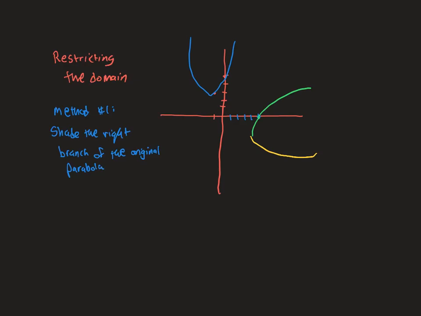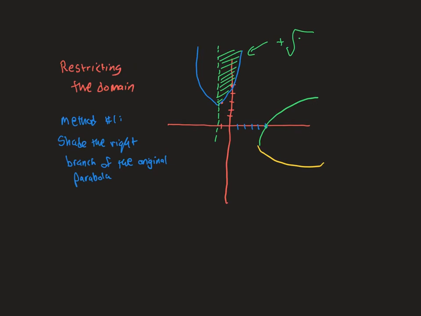Okay, and when I say right branch, I mean this. So obviously this is my axis of symmetry. So everything here would be my right branch. This is actually the branch that coincides with the plus square root of (x minus 3) over 2, minus 1.